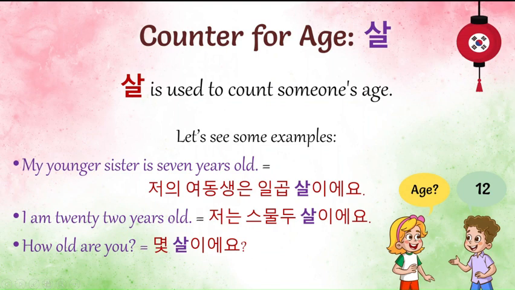Here, 몇 is indicating how. Okay, I'm not going into depth on this particular word 몇 because it has a very deep concept in it. For now, just remember that here 몇 indicates how. Okay, so how old are you? 몇 살이에요? Right?